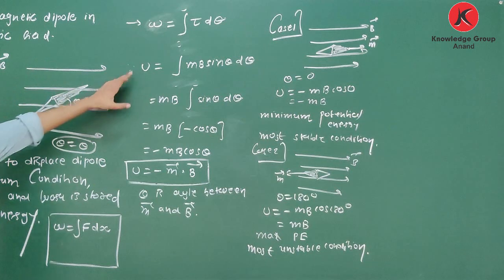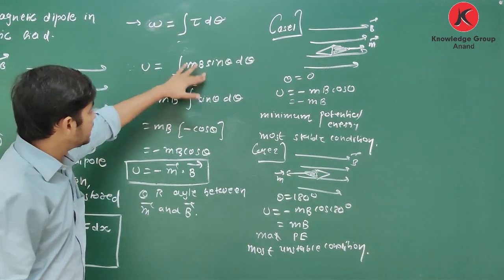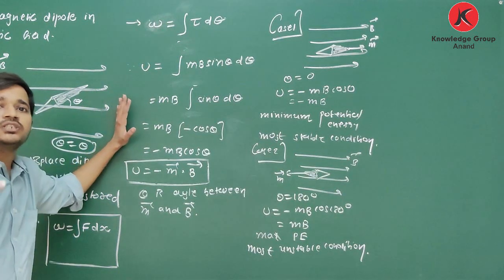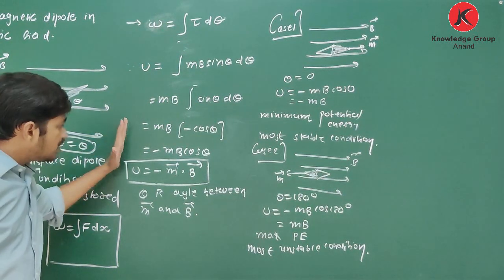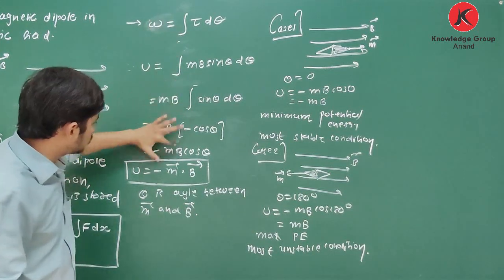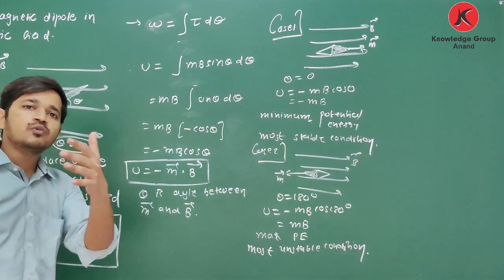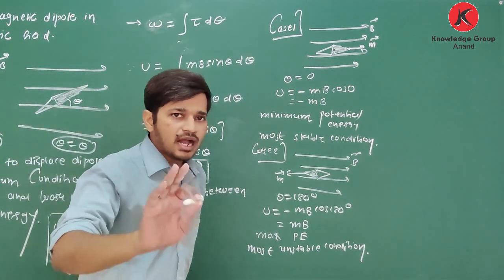Now, see here, why have I erased this limit? Because I will make one general equation. Yes, here you can put the limit 0 to theta and you will get your right answer. But I want to make one general equation. How?